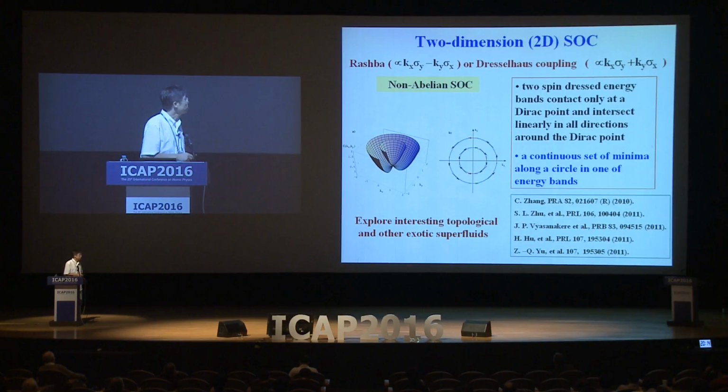Rashba and Dresselhaus spin-orbit coupling have many novel features, such as the two spin-dressed energy bands contacting only at a Dirac point and intersecting linearly in all directions around the Dirac point, and a continuous set of minima along a circle in one of the energy bands. So this system can be used to explore interesting topological and other exotic superfluids.